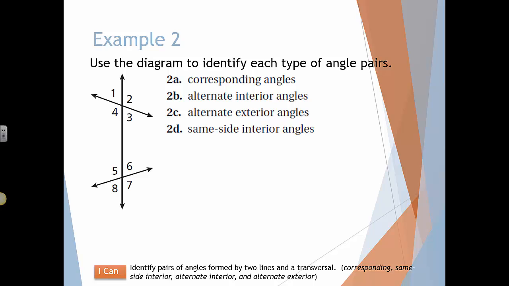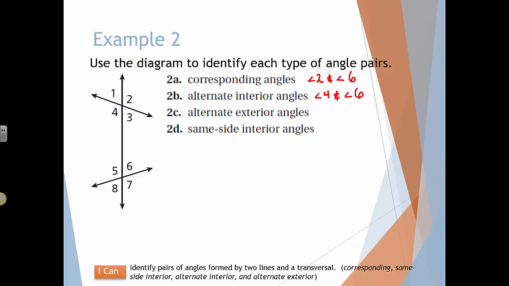Okay, so a pair of corresponding angles. I am going to choose, in this case, angles 2 and 6. Those are corresponding angles. You could have also said 1 and 5, 4 and 8, or 3 and 7. Alternate interior angles. They alternate on different sides of the transversal, and they're on the interior. So I'm going to say angles 4 and 6 are alternate interior angles.